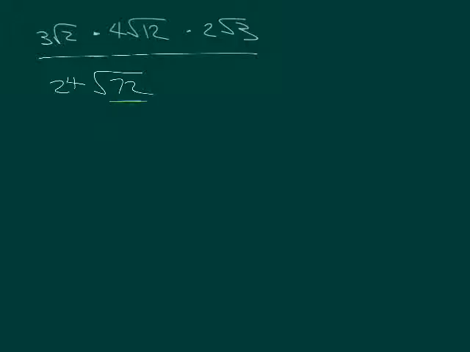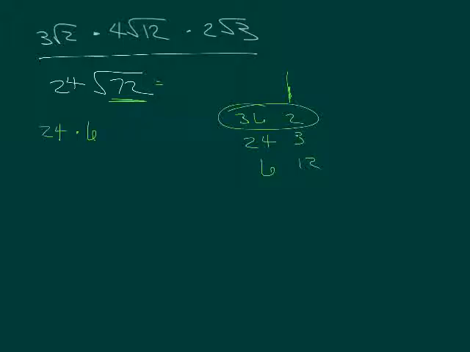And then I can reduce this. So 24, square root of 72, let's see, 36 times 2. I mean, there's all kinds of numbers I can multiply, but again, I'm going to pick that one because 2 is prime, so I know the square root of 36 can come out.